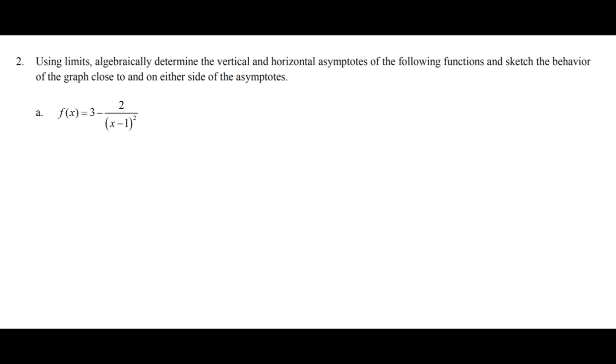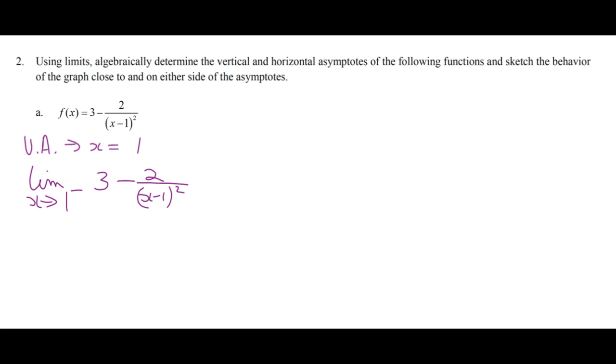All right, so where are the vertical asymptotes? We need to be looking at x equals 1, right? So vertical asymptote, x equals 1. We need to examine what happens as we approach 1 from below. So the limit as x approaches 1 from below of 3 minus 2 over (x minus 1) squared. What's the squaring going to do?